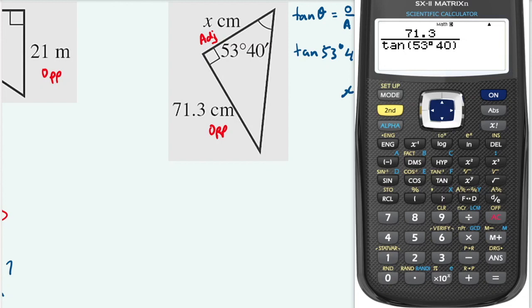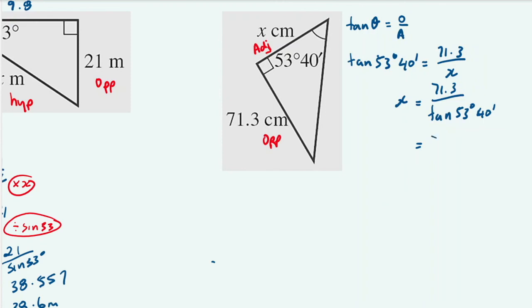Actually, we might go back one. There we go. Let's add in the next symbol. Equals, and you see there, it is 52.43. So to one decimal place, it's just 52.4 centimeters.